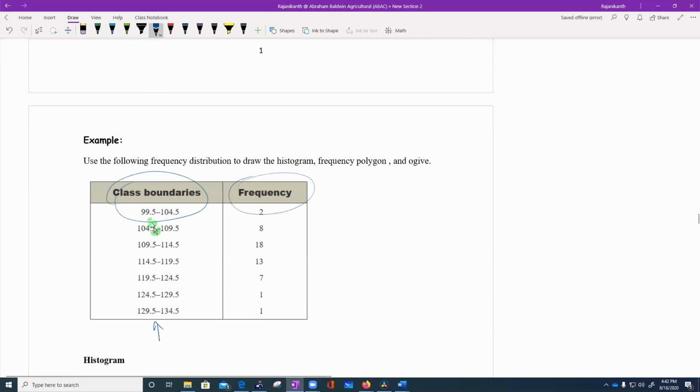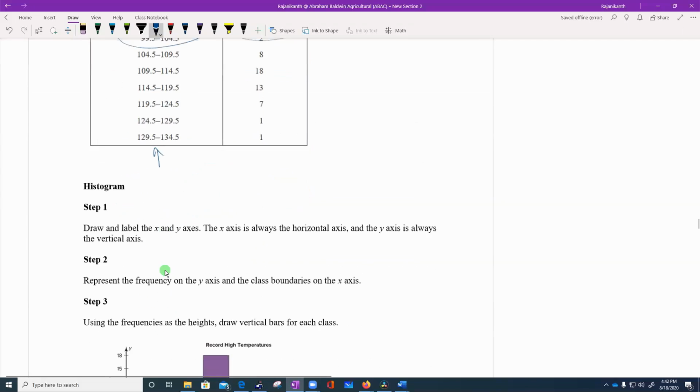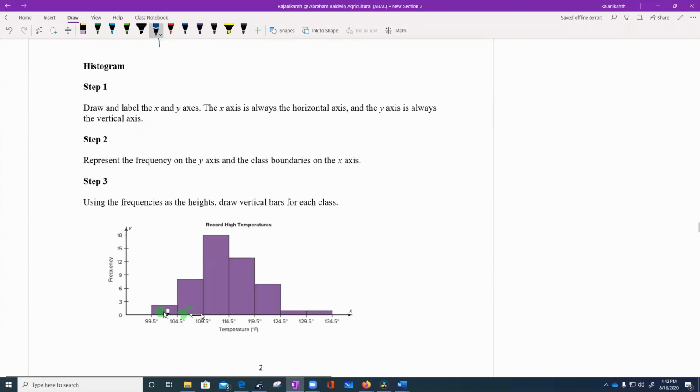All the class boundaries now will have the distance of 5, right? The distance between 2 class boundaries values is always 5 now. You see the distance everywhere, 5, right? Therefore, you will have regular, equal gaps between 2 numbers, okay?